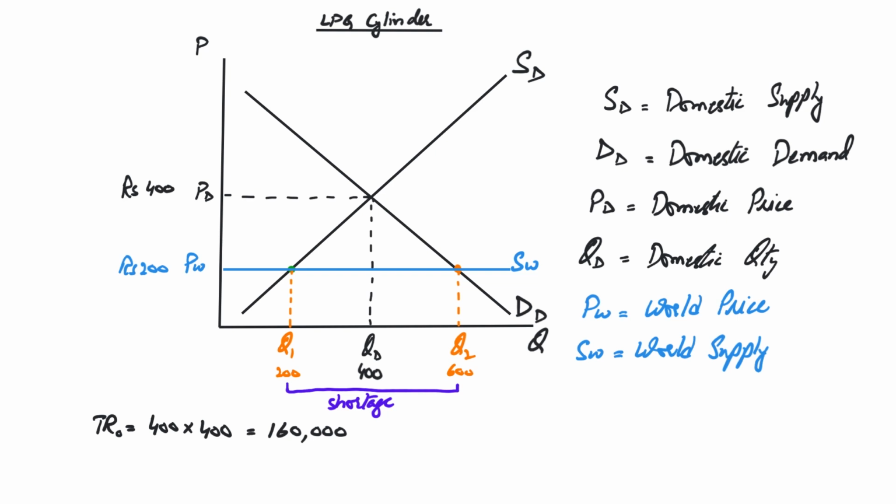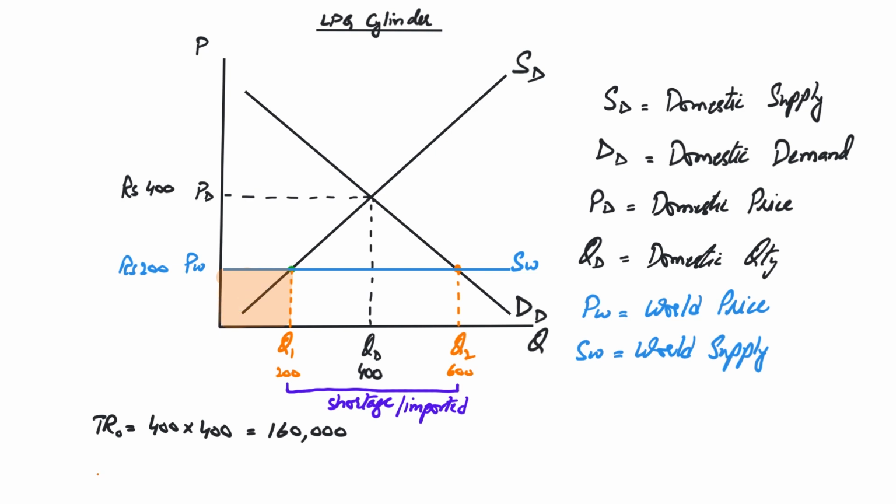And what's really going to happen is 200 की price पे domestic producers are just going to supply 200 units. ये जो additional shortage है 400 units का, that will be imported from abroad. As far as the domestic producers revenue goes, unfortunately 200 की प्राइस के ऊपर Q1 is the maximum they will be able to supply.